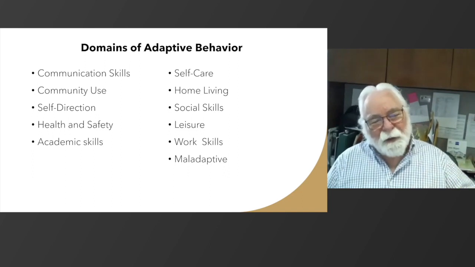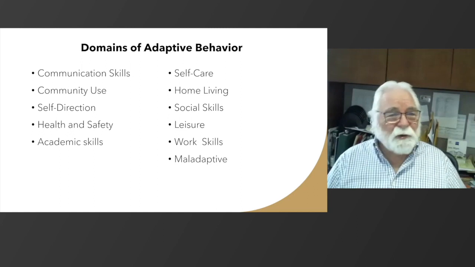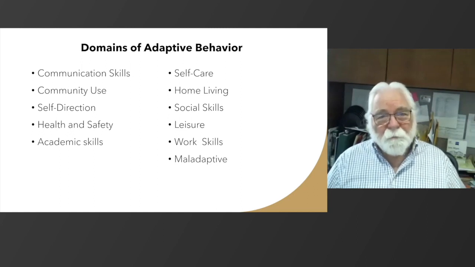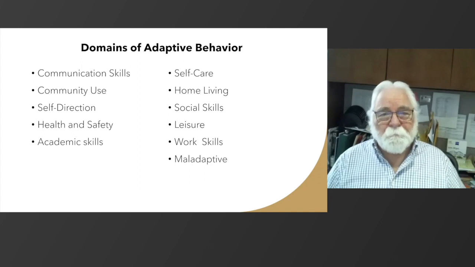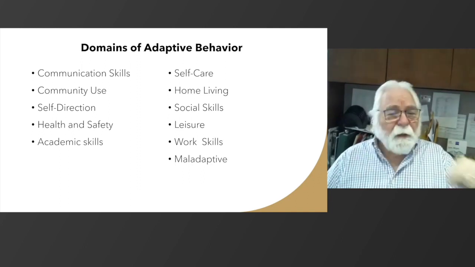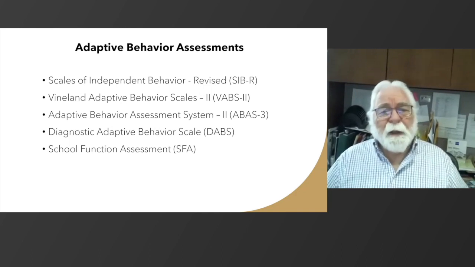You're still going to be able to identify potential strengths and challenges. Developmental scores are going to be useless. We also want to know from the person who is interpreting the data and reporting it out. Well, we'll get there in a second. So here are some measures of adaptive behavior.